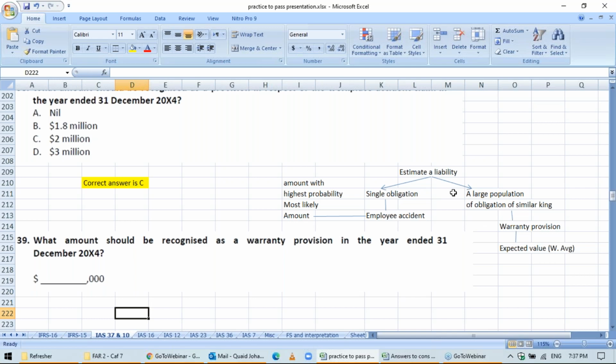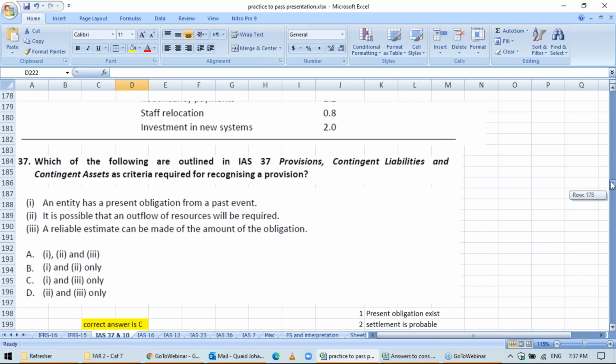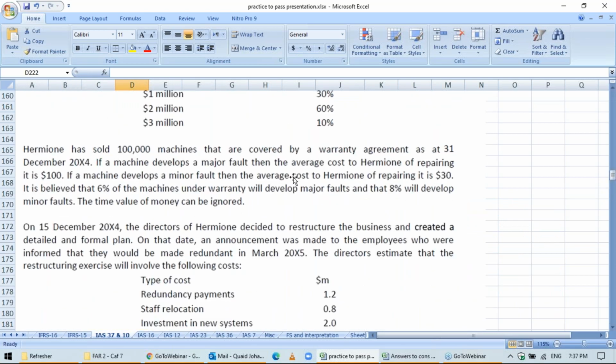So over here, if you see the question, warranty provision. What do they say? They say that two types of faults can occur. One is minor fault and the other one is major fault. So there are two possibilities.